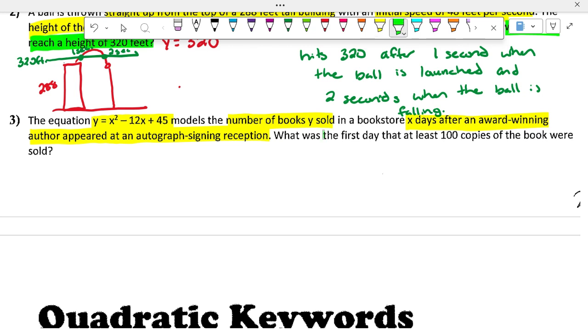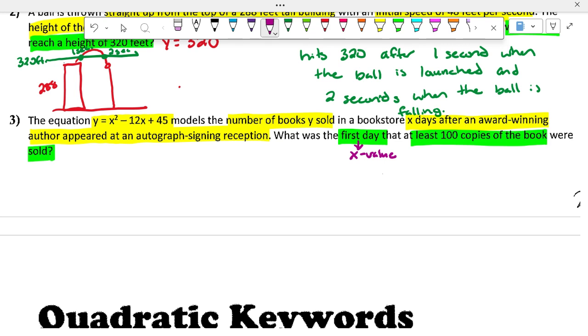It asks, what was the first day that at least 100 copies of the book were sold? If they're asking what was the first day, are we finding an x or y value? x, because x represents the number of days. So we're finding an x value.